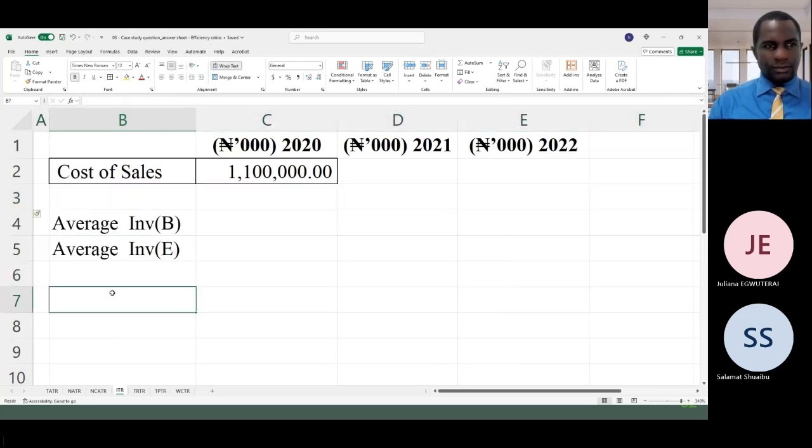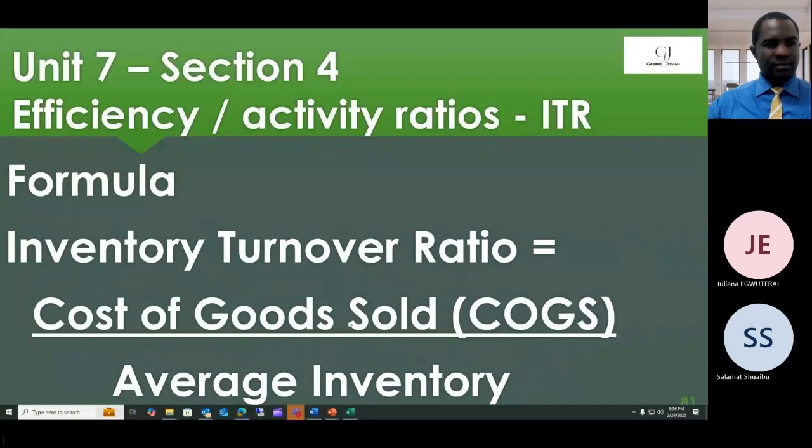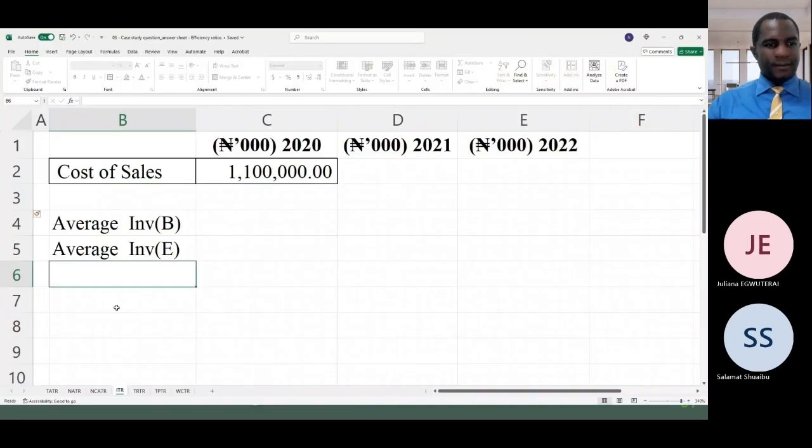Okay, so let me go back to the formula again so that I can pick the right one. Okay, so I have our average inventory.